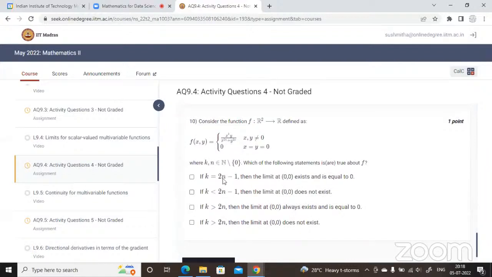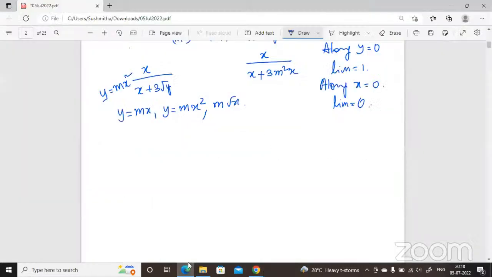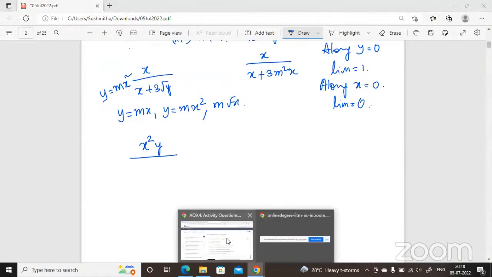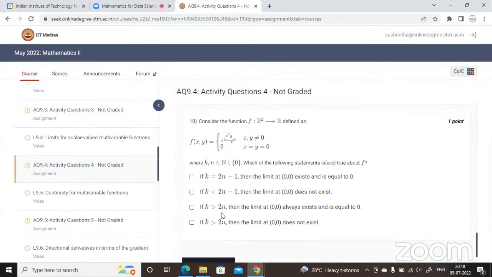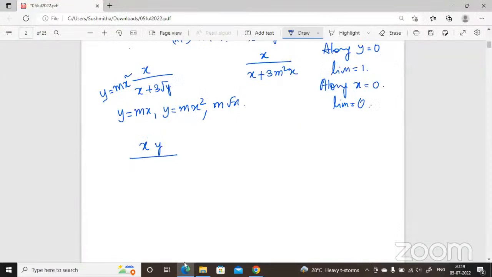Let's take x squared y, x cubed y, x squared plus y squared. So in this case, what do you think? Will the limit exist?